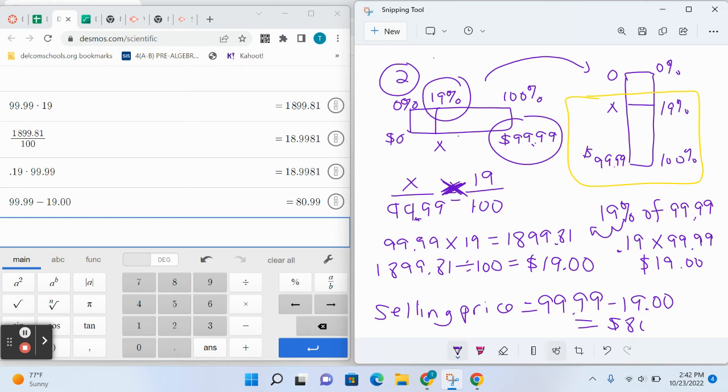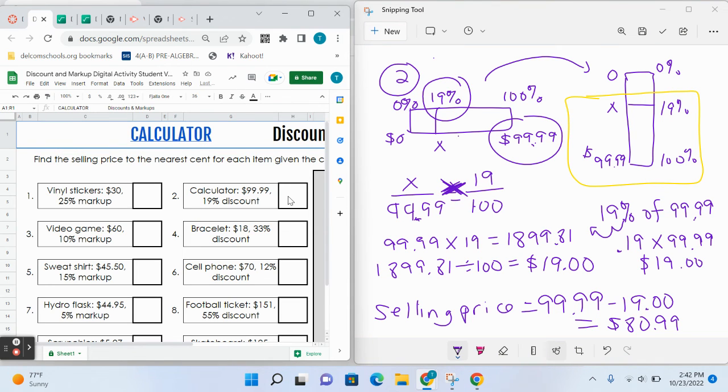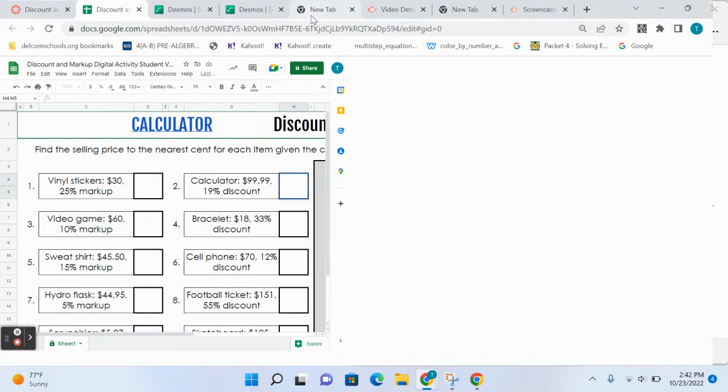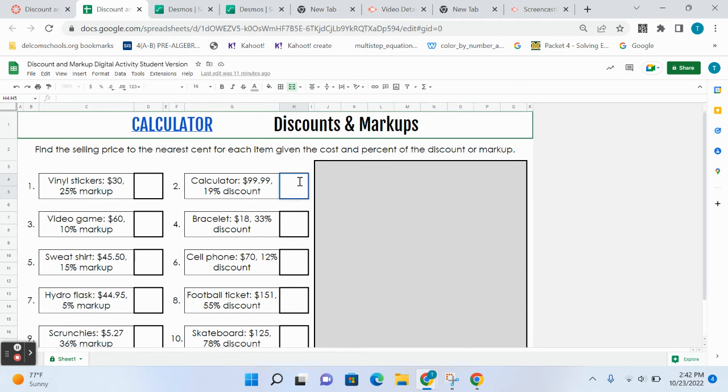That's the answer that you want in the pixel. $80.99. Remember you do need a dollar sign, and you do need to have both digits past the decimal point to get to the hundredths place. If you click off of it, you should get part of your pixel to pop up.